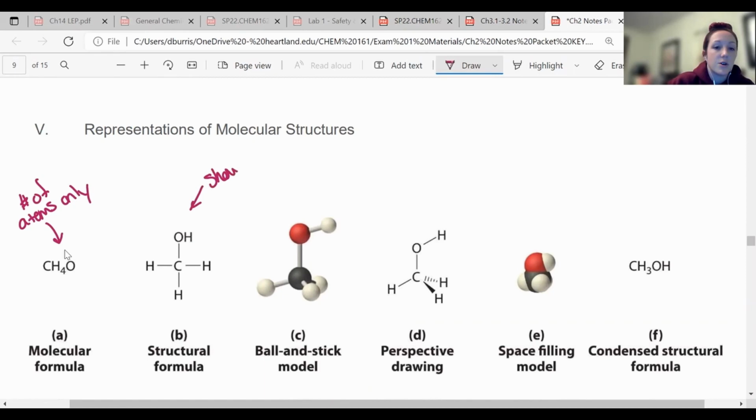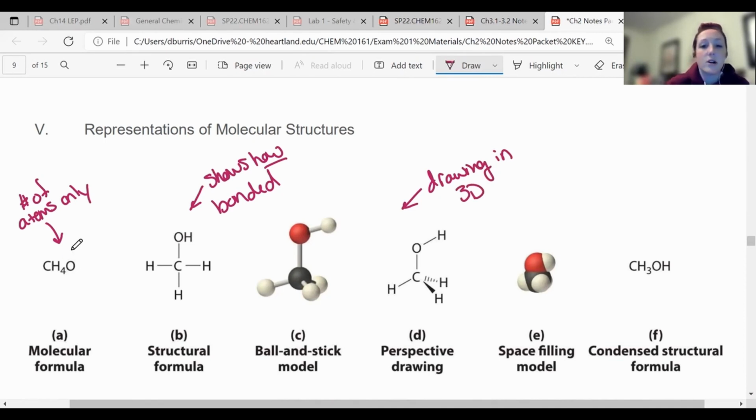This shows how we're bonded, a structural formula. We'll be drawing lots of those. This one down here is how we draw it on paper in 3D. Molecules are actually 3-dimensional, of course. It would look like this, but I can't really draw this in 3 dimensions. So this is what you would draw if you wanted to draw the molecule in 3D.